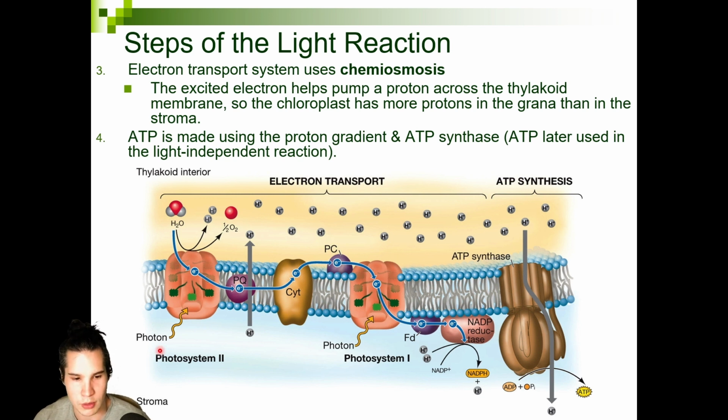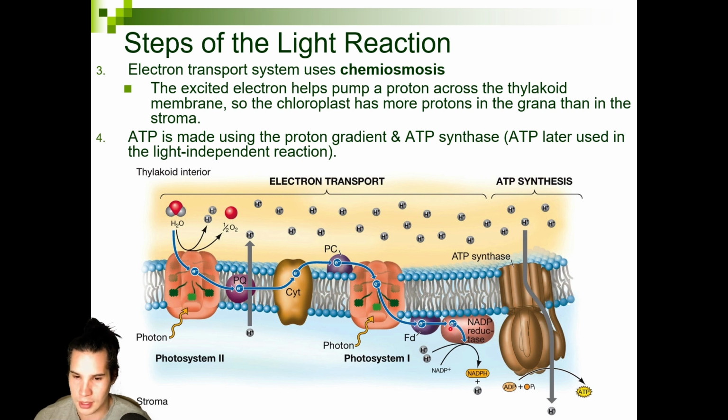And so while this photosystem is being bombarded with light, another photosystem is also being bombarded with light. So once this electron reaches the other photosystem, that electron is kicked off because it's excited by that light energy, and it moves down another electron transport chain.